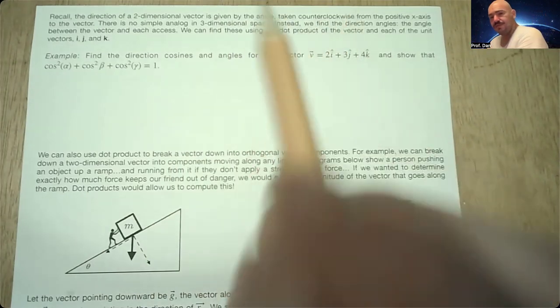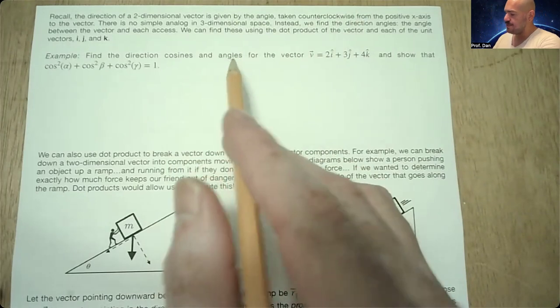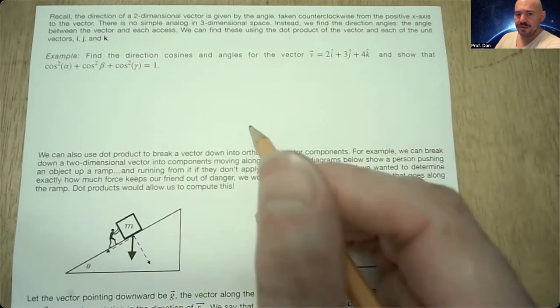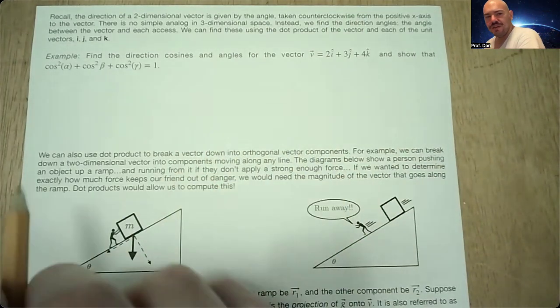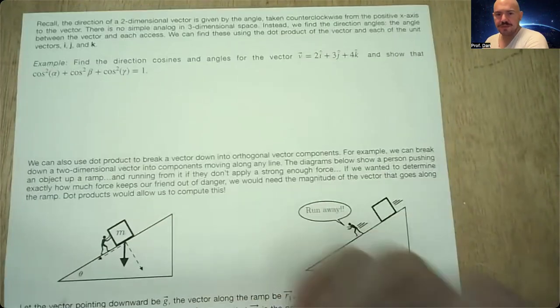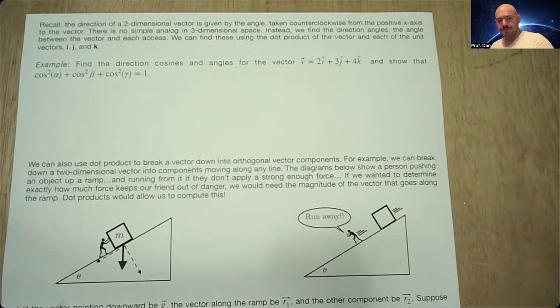There's not really an equivalent for that in 3 dimensions, so we have to calculate what are called direction angles or direction cosines, right? And the way that we figure these out is by using that dot product formula with the angle on the vector in question and each of the unit vectors, i, j, and k.